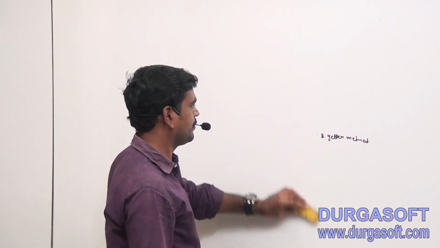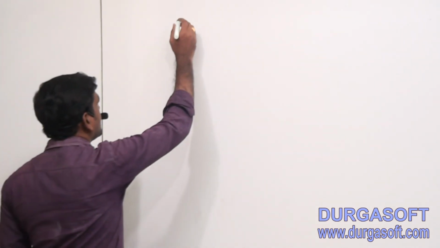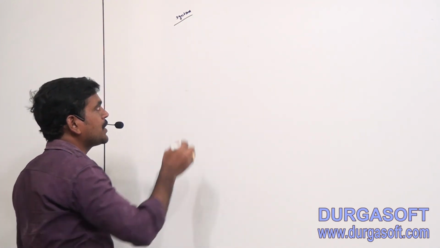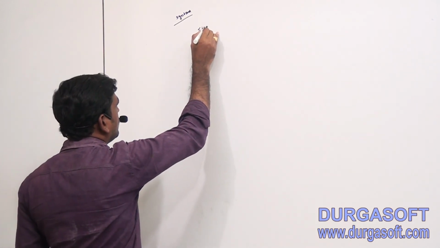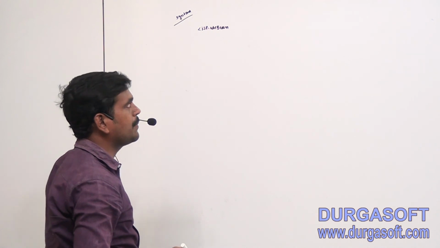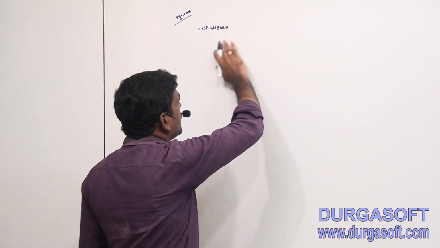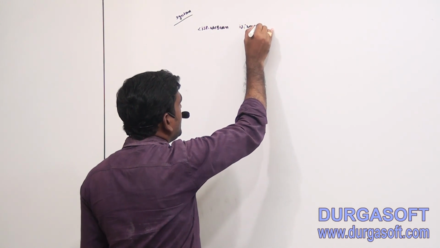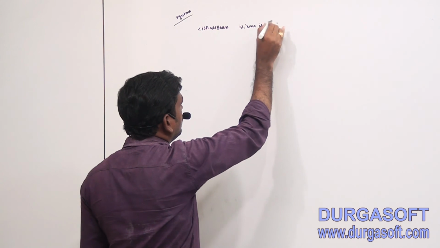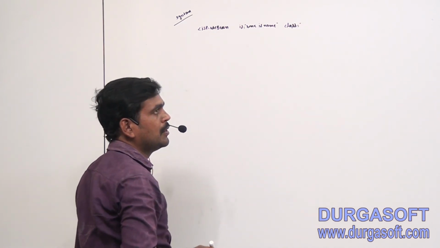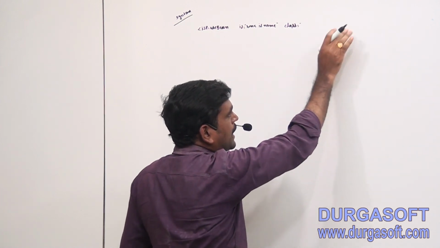Now the syntax of the useBean action tag is: jsp:useBean id equal to some id name, the next, class equal to the fully qualified class name. That means with the package name also.